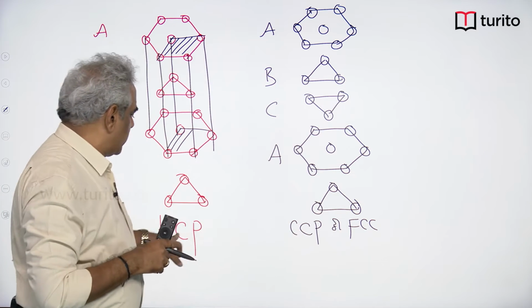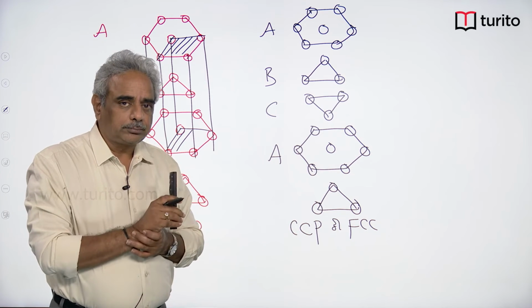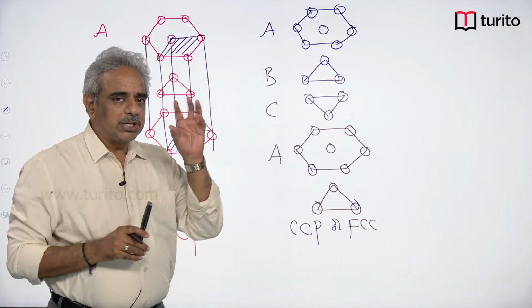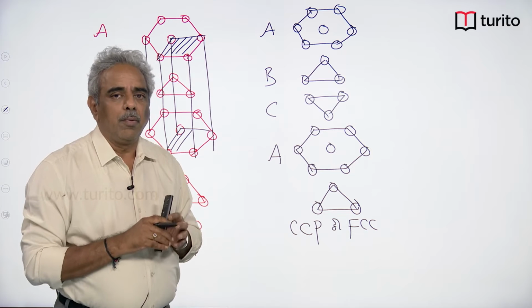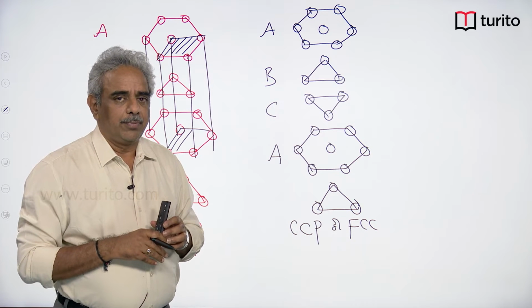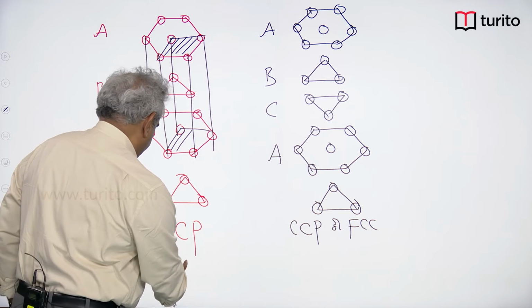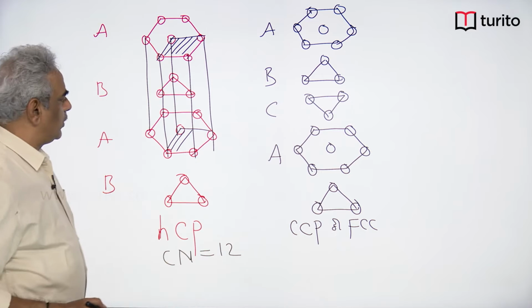So this kind of arrangement and this kind of arrangement both have very important common features. What features do CCP and HCP have in common? In HCP, each sphere is surrounded by 12 nearest neighboring spheres. Means what? Its coordination number is 12. Let us verify how it happens.